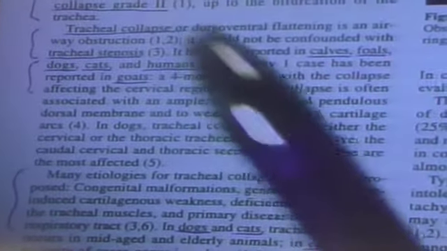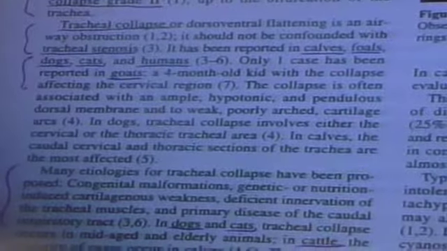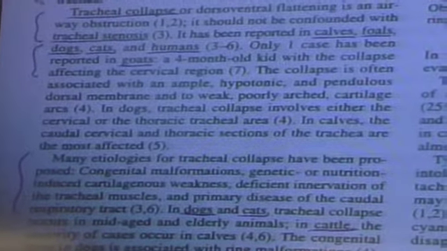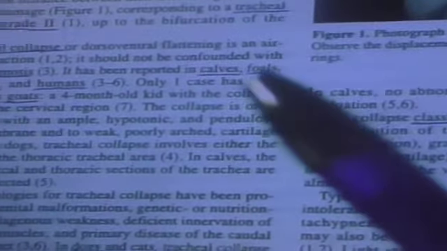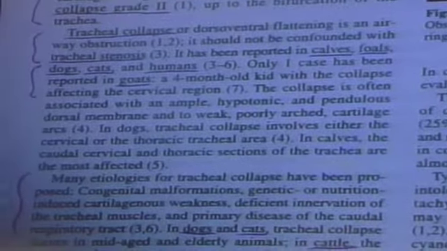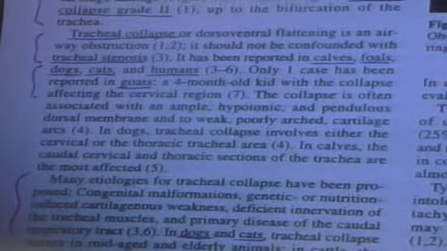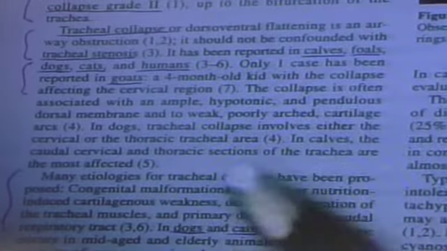So tracheal collapse and airway obstruction should not be confused with tracheal stenosis. Tracheal collapse more correctly deals with the congenital problem. The species in which tracheal collapse has been reported, you should also make note of that. So this was a goat, so this was caprine, so this could be added to this list.